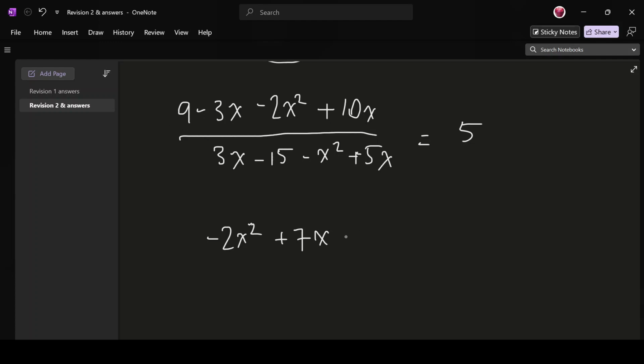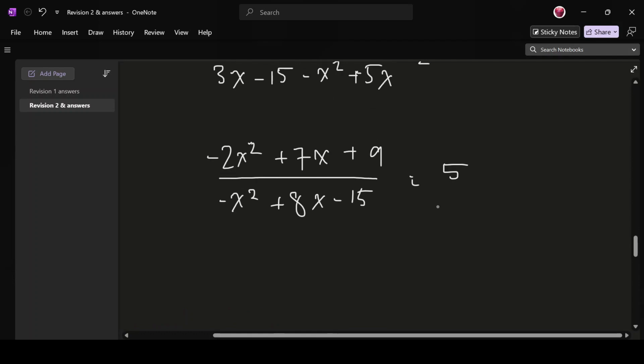And 9 is all alone. So yeah, we just rewrite it as positive 9. And here, x squared doesn't have a pair again, but x does. 3x plus 5x, that's 8x, and 15 doesn't have a pair. And this is all still equal to 5.